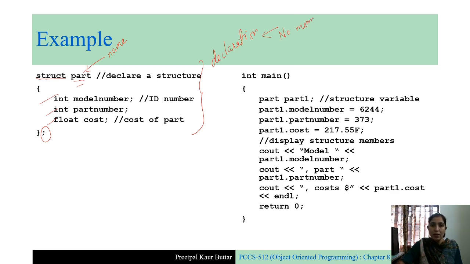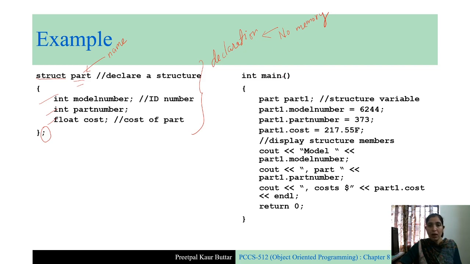This does not occupy any memory. This is just telling the compiler that we are going to use such a type of structure in this program in future. We are not allocating memory here. This is just a declaration.